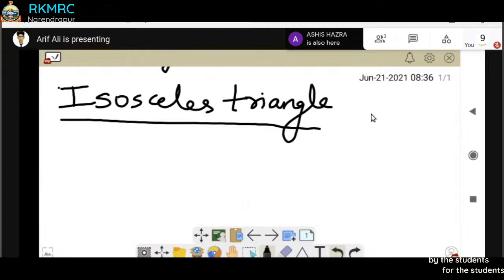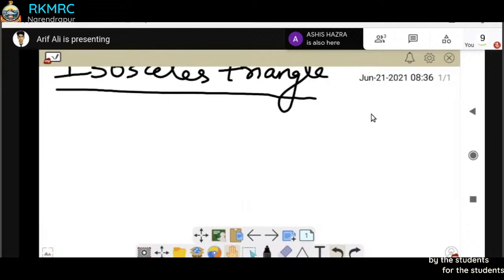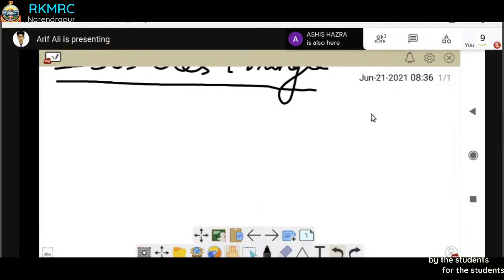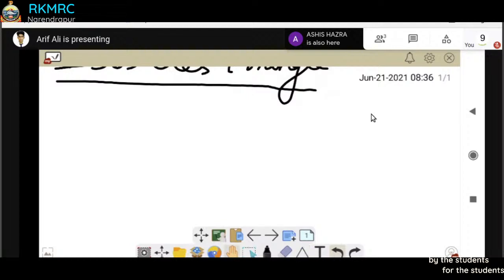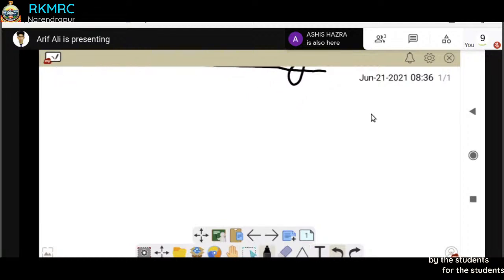Two sides of the triangle will be equal, same. It will look something like this.